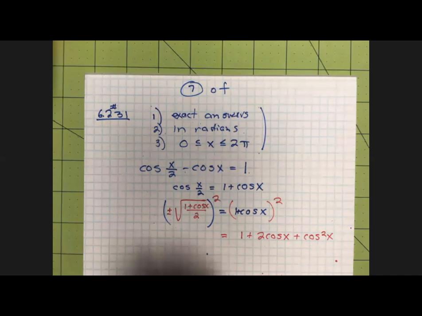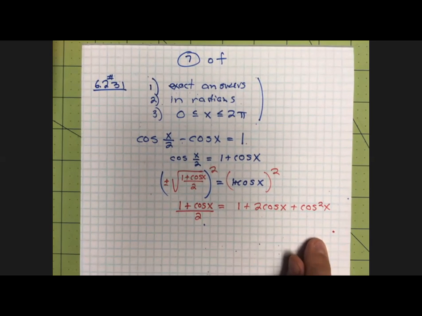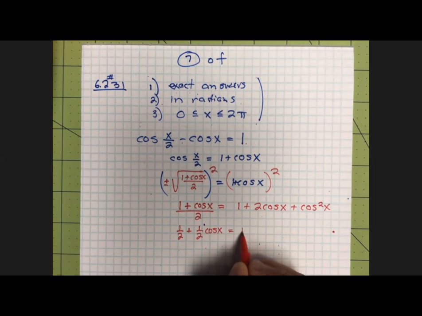Squaring the square root is also going to make it look simpler. So this is messy, but at least everybody's in terms of x. That's what I wanted. 1/2 plus 1/2 cos x equals 1 plus 2 cos x.